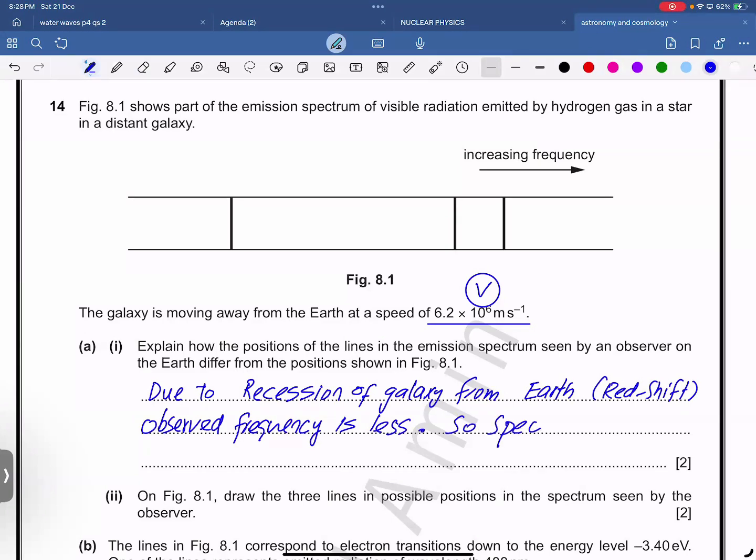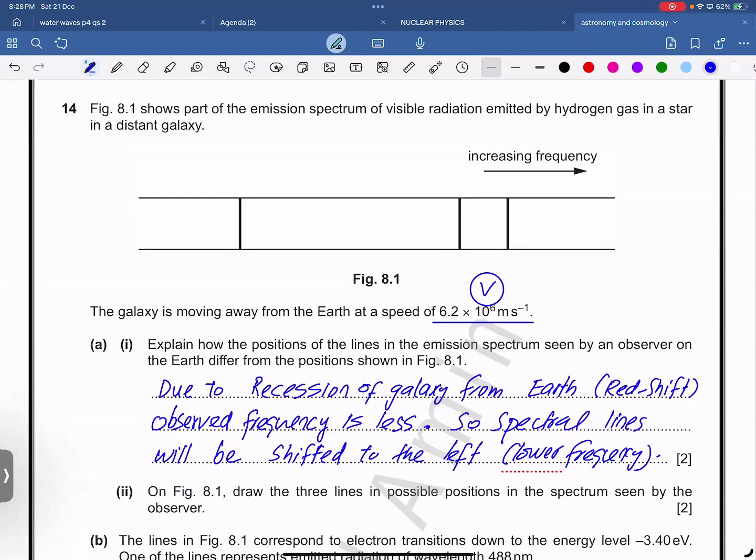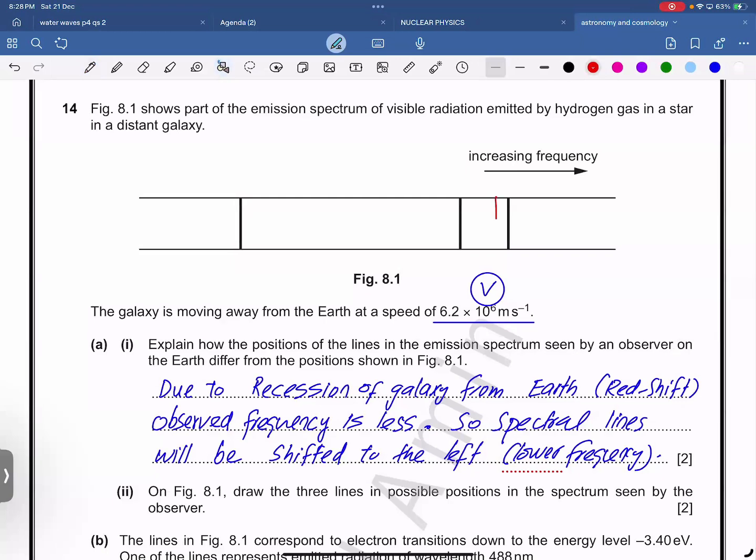So spectral lines will be shifted to the left, that is lower frequency. Okay. After that, my dear students, draw the three lines of spectrum positions seen by. Actually, we did last time. We did to the right side, and now you will say to the left side. So 1, 2, 3.